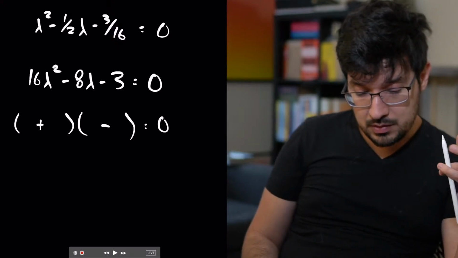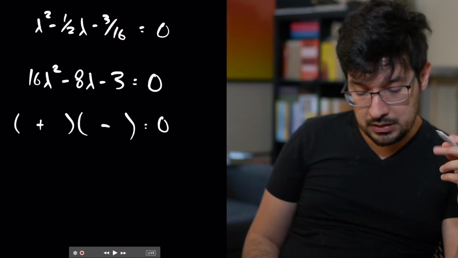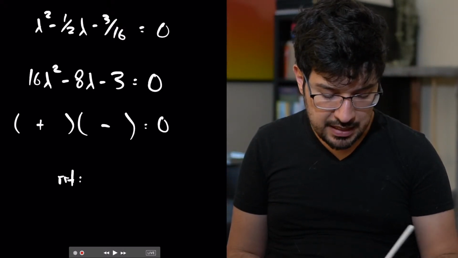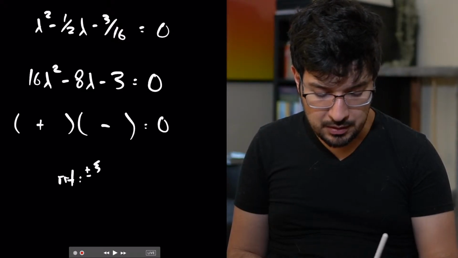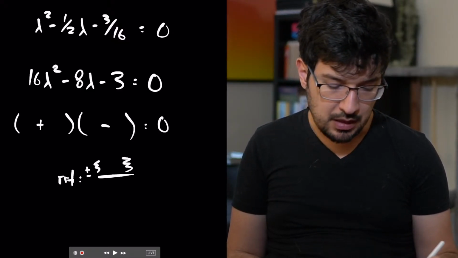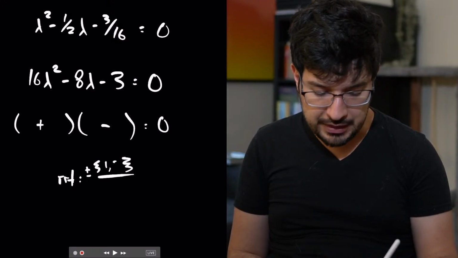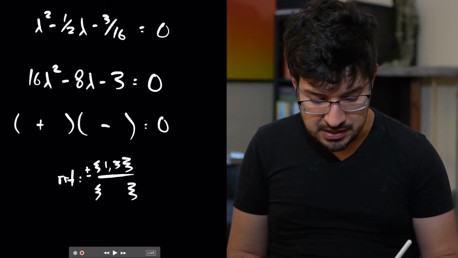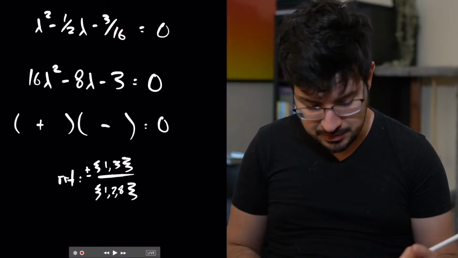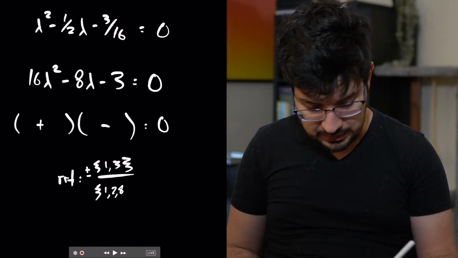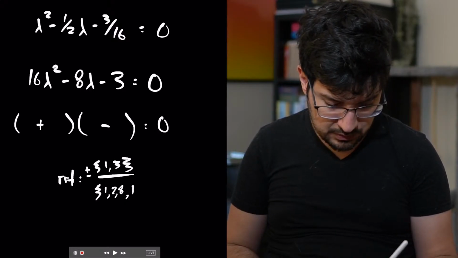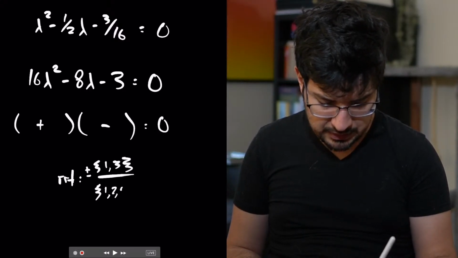No. Rational root theorem would say that our possible rational roots are divisors of 3 divided by divisors of 16. So our possibilities are these. Oh, wait, I forgot 4. Yeah, I feel like 4 is a good contender here.